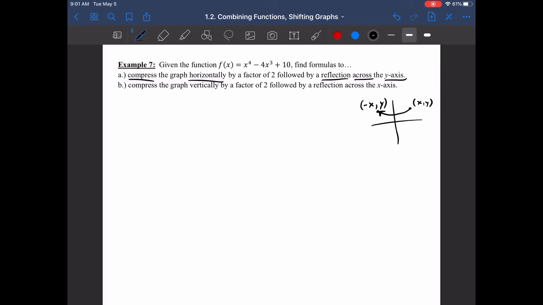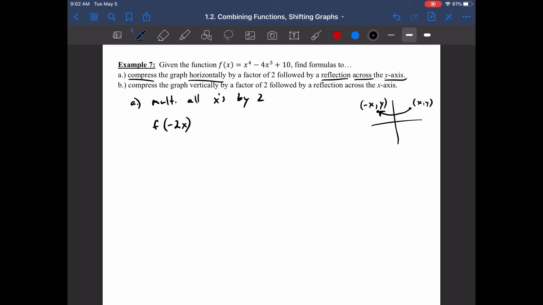So first thing we need to do is compress the graph horizontally. So we need to multiply all x's. So this is part A. Multiply all x's by 2, and then we need to reflect across the y-axis, and then we need to make all x's negative. So in other words, what we're doing is f of negative 2x, like that.